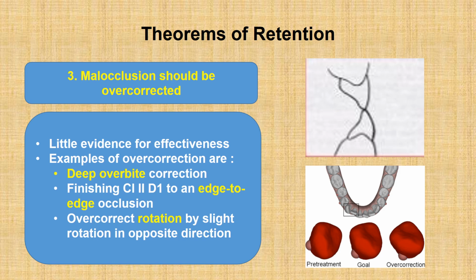Okay, so this is the pre-treatment, rotated position of the canine, and if we are aiming to derotate to this position, overcorrection will mean slightly overdoing it in this position.